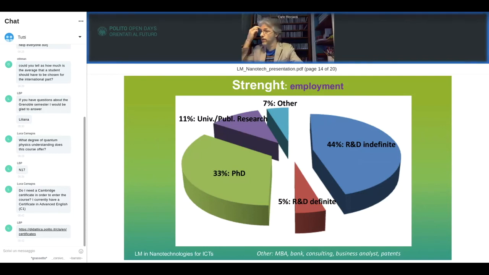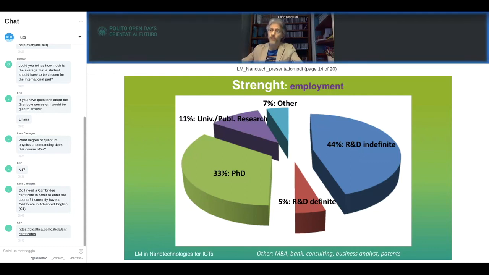And also, what I want to underline here, it is that the idea of the course is to form high-level electrical engineers that are working basically in research and development, not in production. So as you can see here, most of the students have a job in research and development.